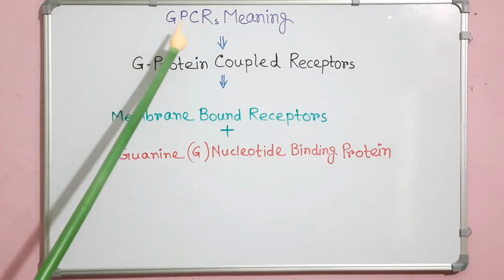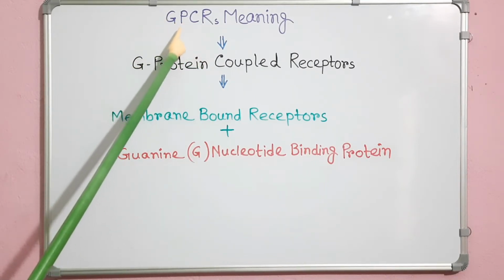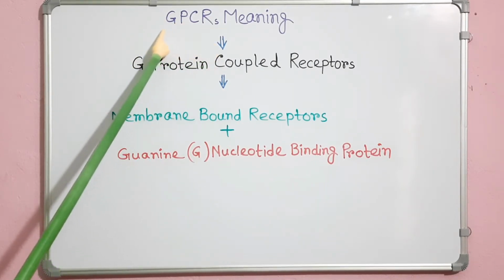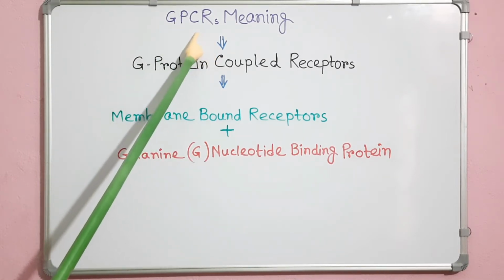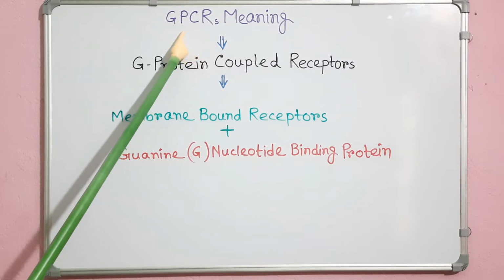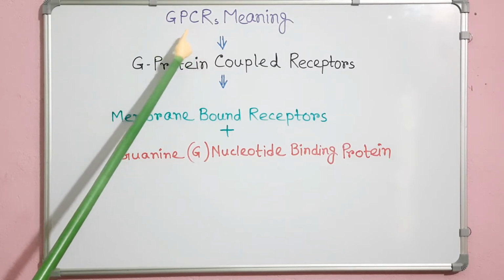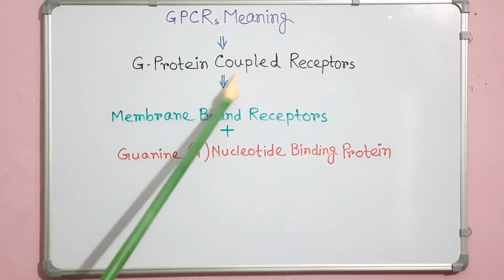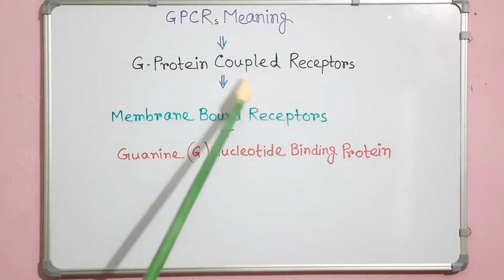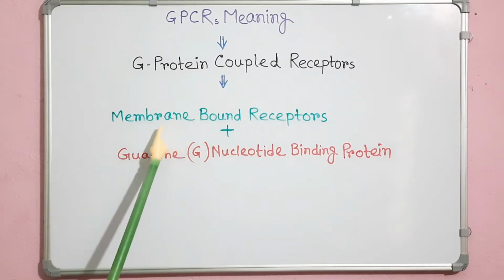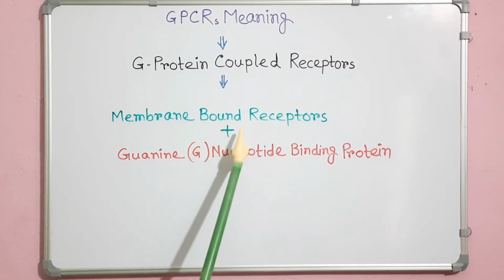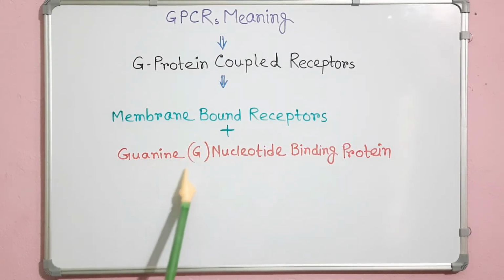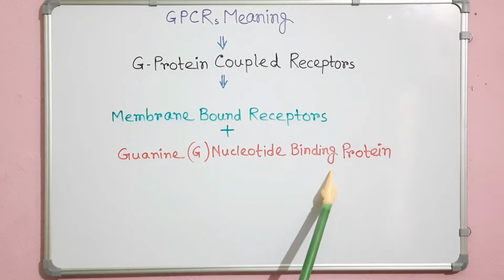Now, I want to explain why the name GPCR. If we read the full form of GPCR, then we will understand the fact. GPCR means G protein coupled receptor. It means there are membrane bound receptors which, in active form, are coupled with guanine nucleotide binding protein.